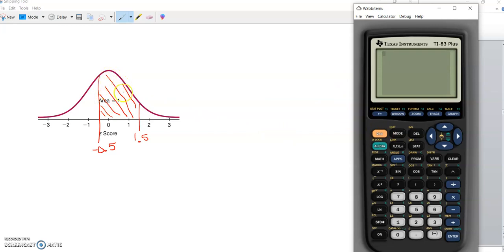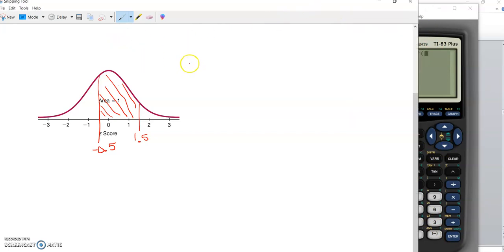So to find this area, because this is normally distributed, it's a bell curve, we go under the distribution option, DISTR, and normal is right here, and we always want to use NormalCDF. We always want to use NormalCDF.